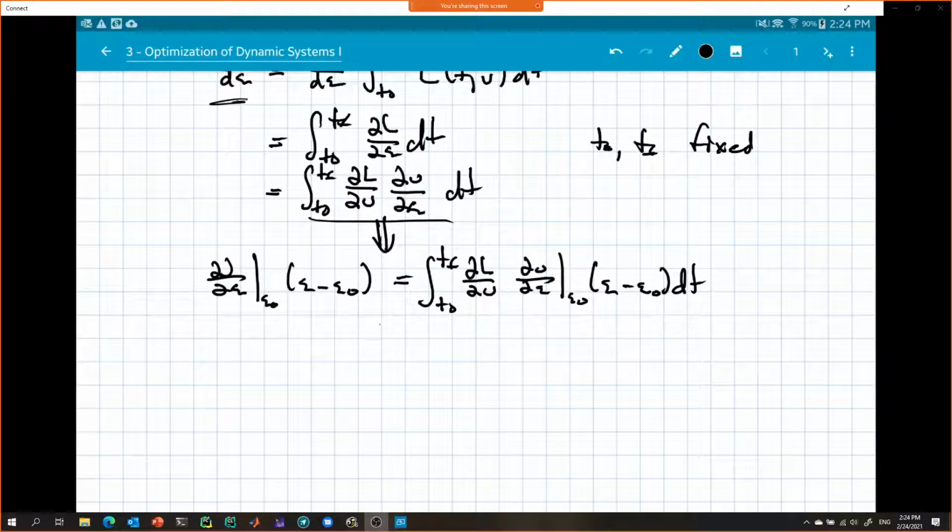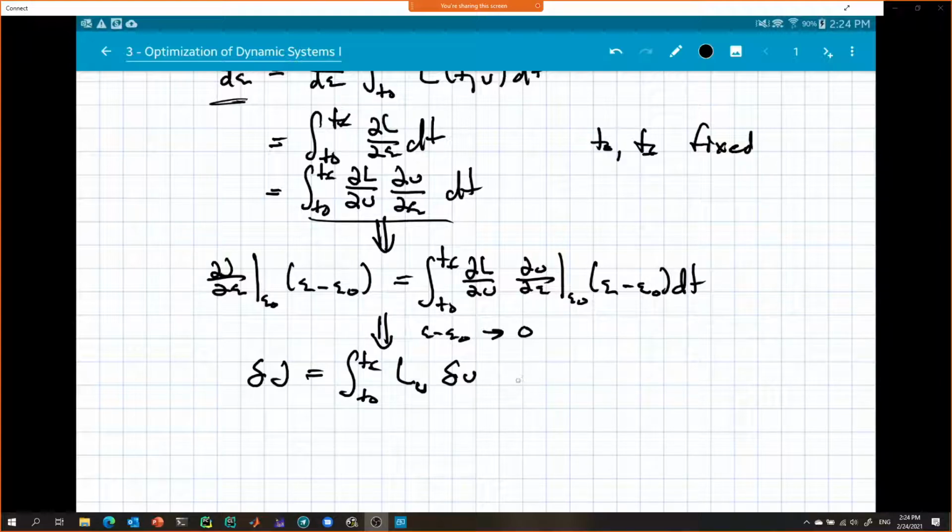Remembering how we defined a variation, we take this to 0, and then we get delta J equal to the integral from t0 to tf of L sub u, the partial of L with respect to u, times the variation of u, dt.